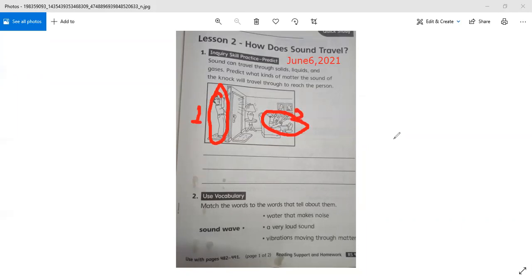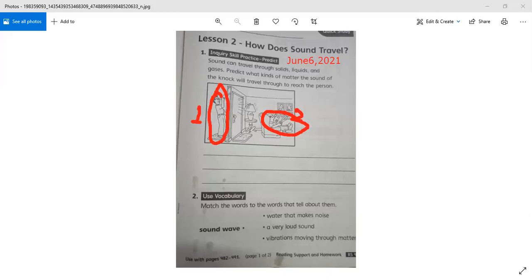Okay, you said that the first one is knocking at the door, right? Kinda, are you with me? So here it is asking what kinds of matter the sound of the knock will travel through to reach this person. How does this person hear the knock on the door?